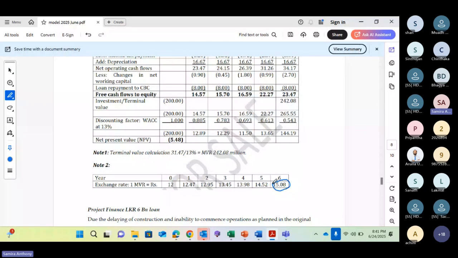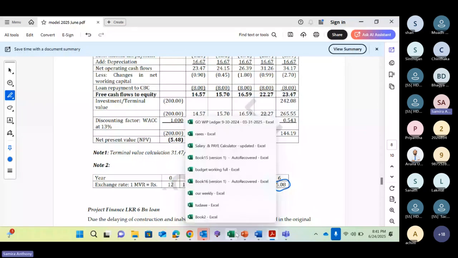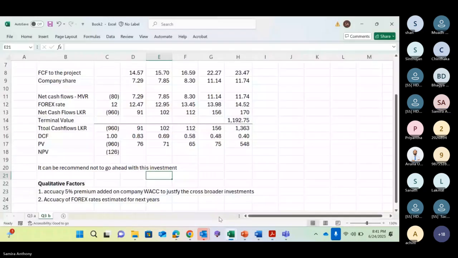The terminal value calculation. First, you need to do the free cash flows in dollar, right? We estimated there is no increase in Maldivian cash flow.